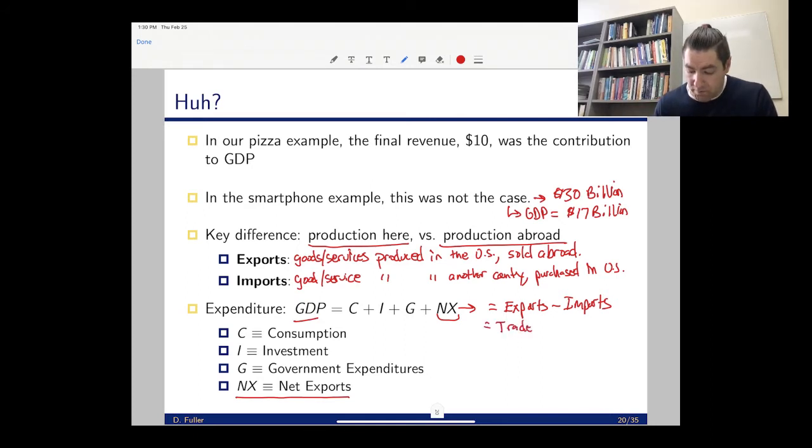We will also call this the trade balance. Right? So it tells me how much we send to other countries and how much we buy from other countries. And so the trade balance tells me where those two are relative to each other. If the trade balance, net exports, is negative, we call that a trade deficit.